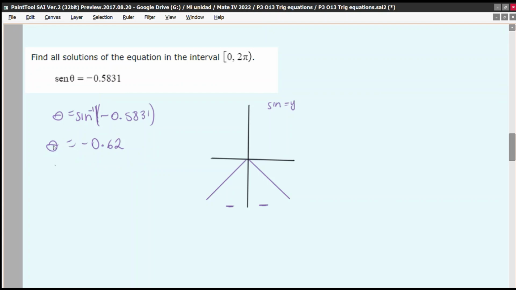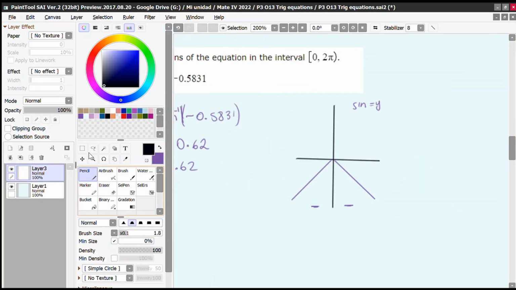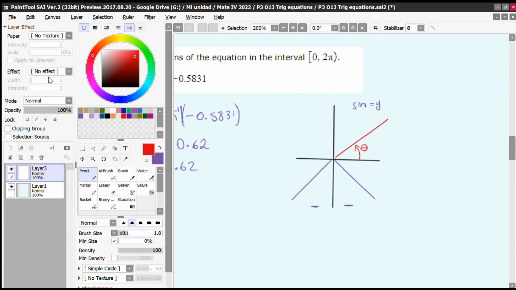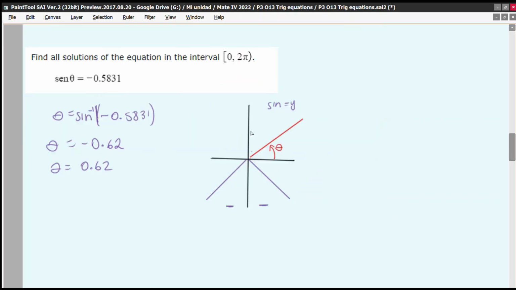So I'm just going to switch its sign, or rather take the absolute value. Now, that reference angle actually lives right here. Okay, so this is theta. But again, I don't want that reference angle. I want a first solution that lives in the third quadrant, and I want another solution that lives in the fourth quadrant.